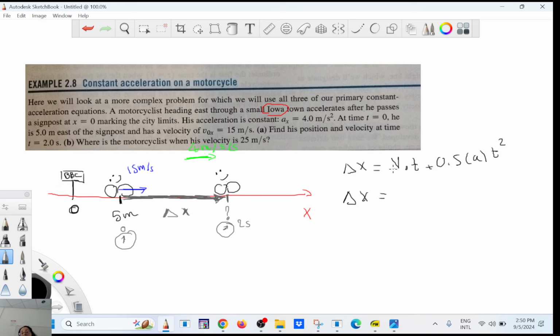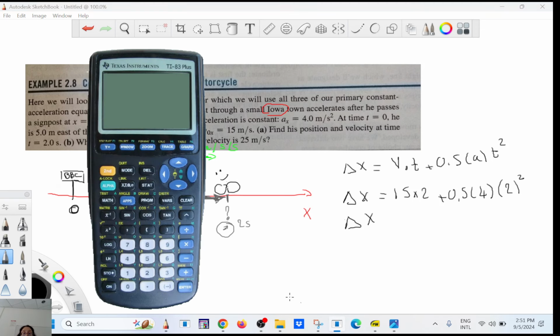What's the initial velocity? 15, right? Times time elapsed is 2 plus 0.5, acceleration is 4. Time squared is 2 squared. Okay? And you get what? 38.